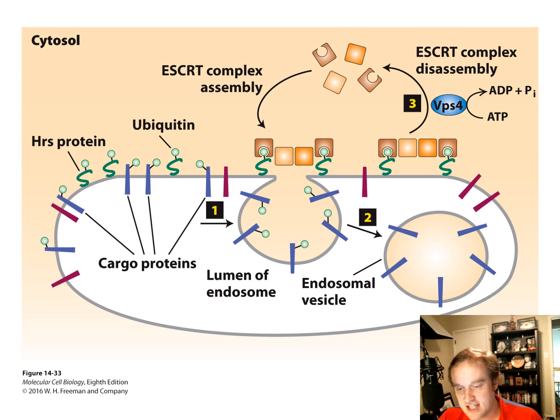They get ubiquitin tags put on them, and then at this point, when they get targeted to the early endosome, here we go, our cargo proteins that have a ubiquitin tag, and then there are the green proteins, the HRS proteins, that were the target proteins for the targeting to the lysosome.